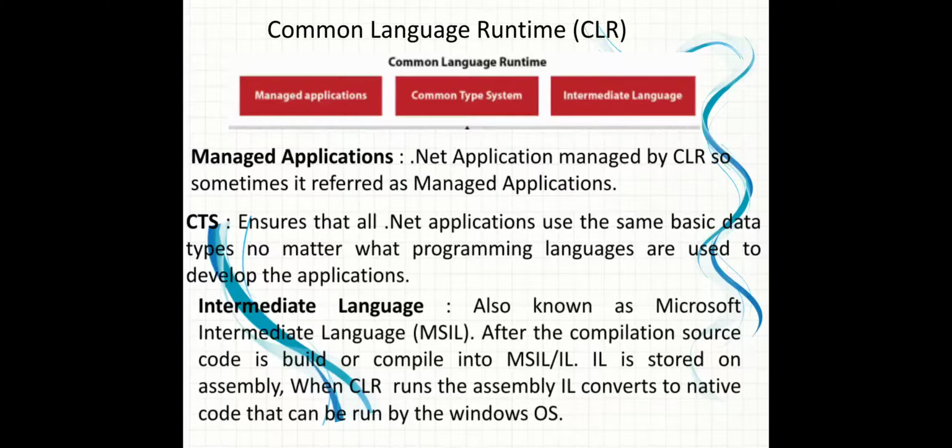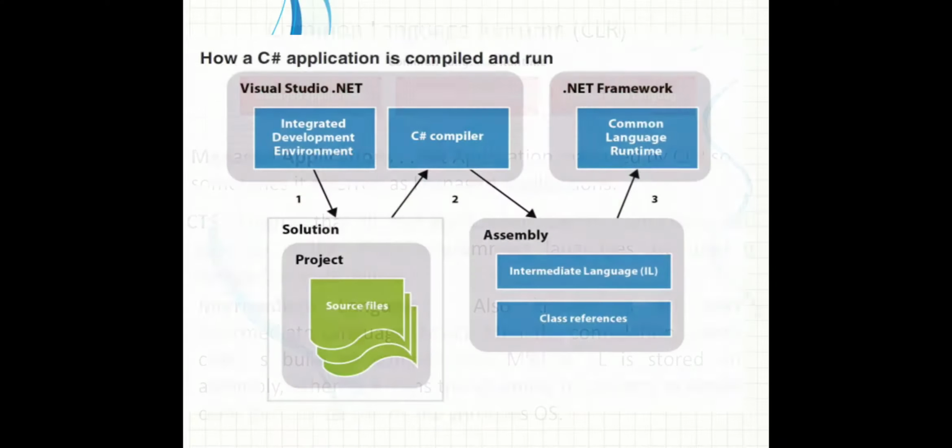When the CLR runs the assembly, the IL code is converted to native machine code, and that can be run by the operating system. Now here you can see how a C# application is compiled and run.